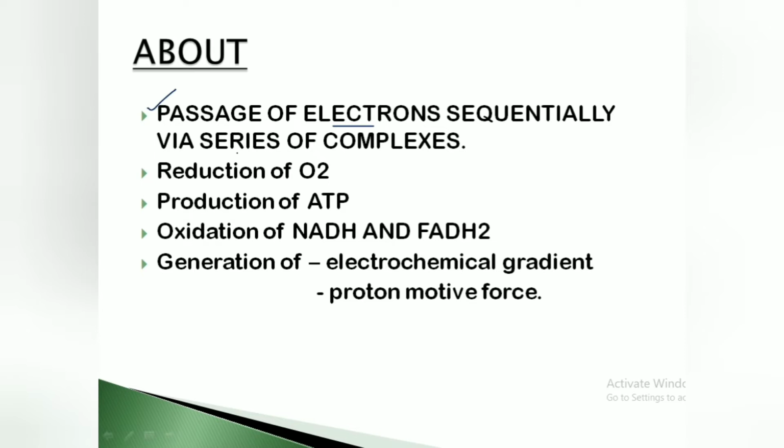In the electron transport chain, electrons pass in a sequential manner via a series of complexes, and in this process oxygen is reduced, ATP is produced, and NADH and FADH2 produced in the previous cycles are oxidized. Finally, the electron transport chain generates an electrochemical gradient and the proton motive force, which help the functioning of ATP synthase.